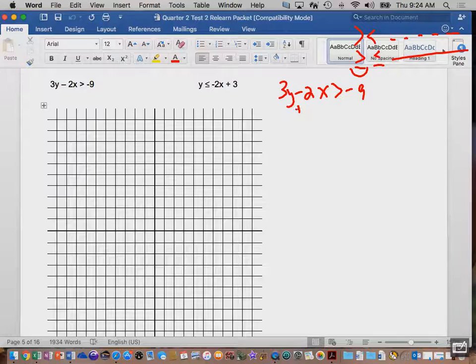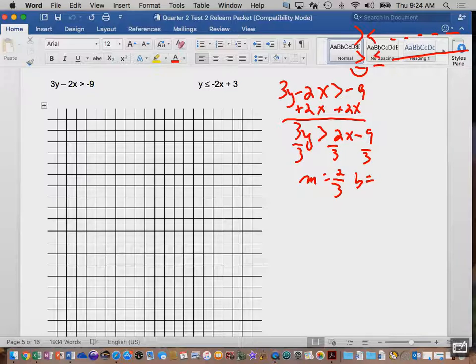Okay, so add 2x. 3y is greater than 2x minus 9. Divide by 3. I get a slope of 2/3, a y-intercept of negative 3. So I go down to negative 3, up 2 over 3, up 2 over 3, up 2 over 3.